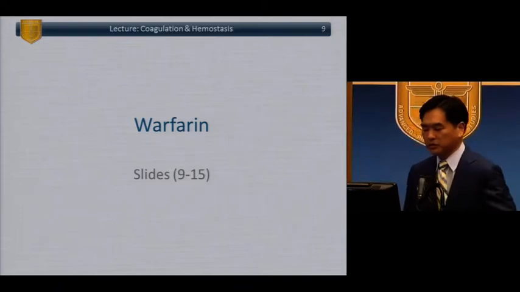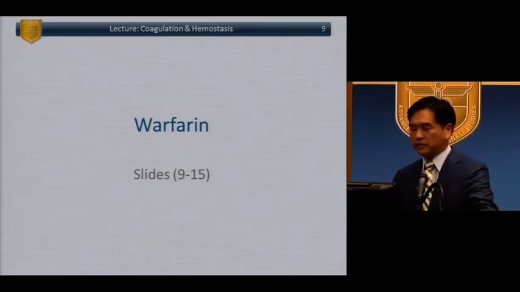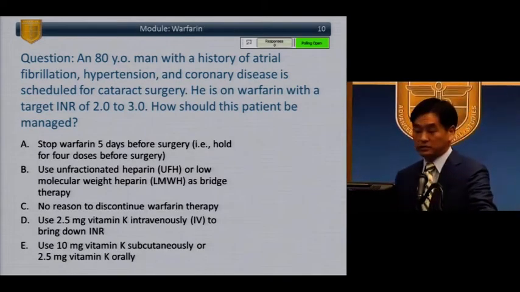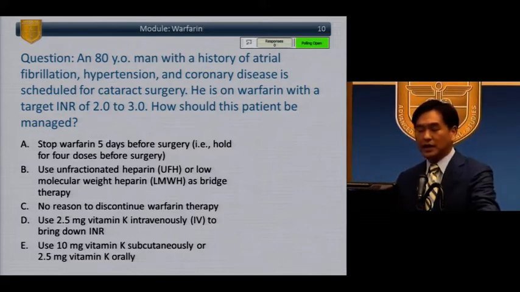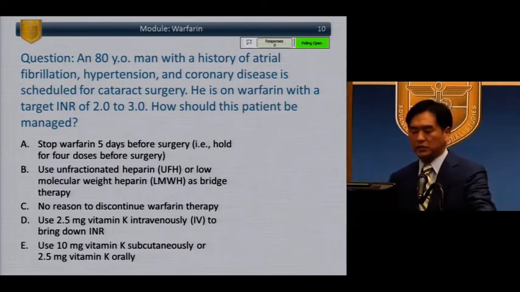Let's jump into warfarin. Question. Polling is open. An 80-year-old man with a history of AFib, hypertension, and coronary disease is scheduled for cataract surgery. He is on warfarin with a target INR of 2 to 3. How should this patient be managed perioperatively? Option A, stop warfarin 5 days before surgery, that is, hold for 4 doses.